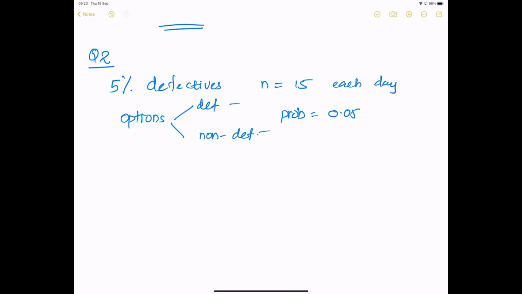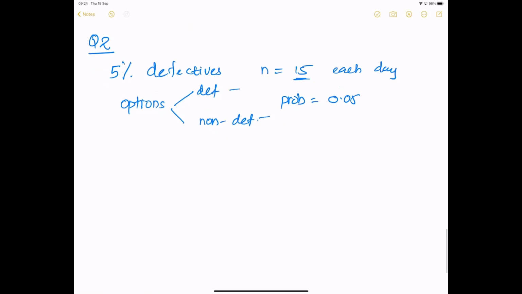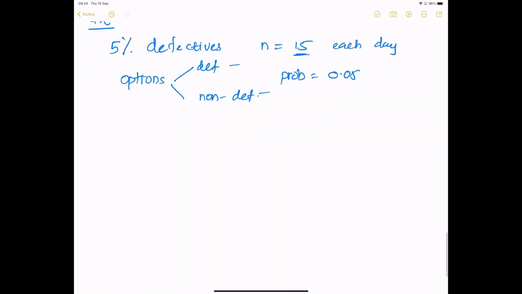So the number of trials, or the sample size, is 15, right? We have two options, mutually exclusive and independent. In such a situation, we can go for binomial distribution, right? That is a Bernoulli situation, and they have two options, defective and non-defective. Those are independent, so we can go for binomial distribution easily, right?